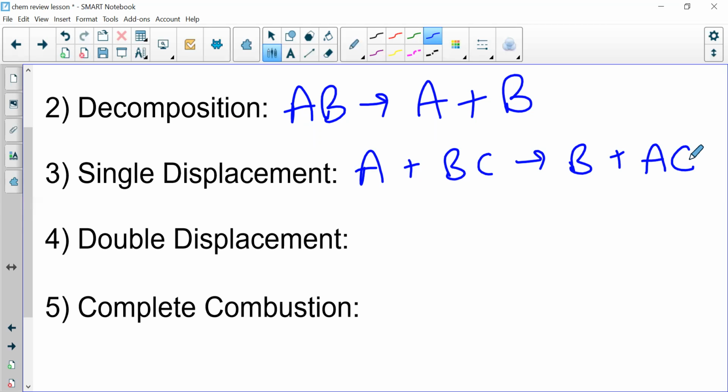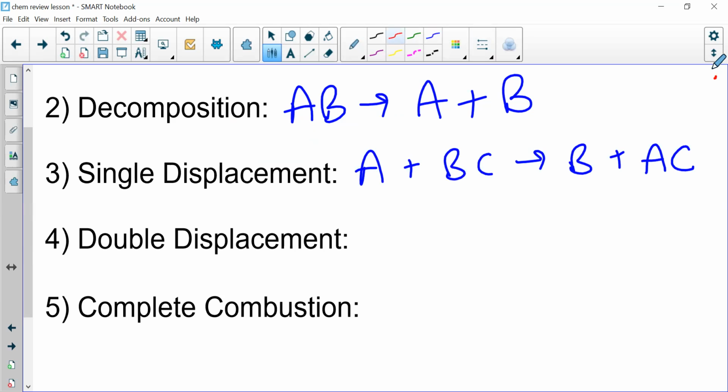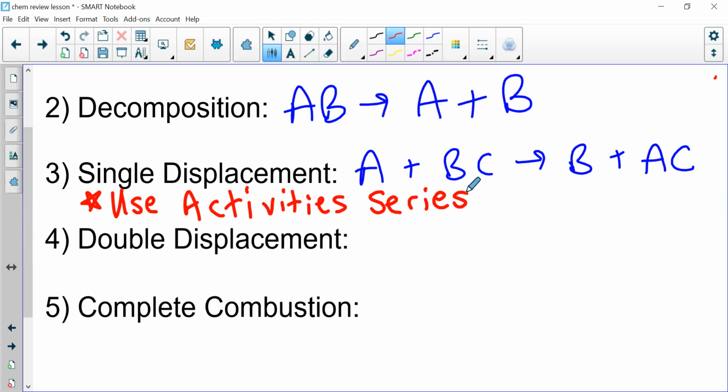How do we know what's going to happen in a single displacement reaction? What do we look at? Melody, the metal activity series, I think, and whichever element is higher, that's the one that can actually displace. Awesome. So you need to reference your activity series.